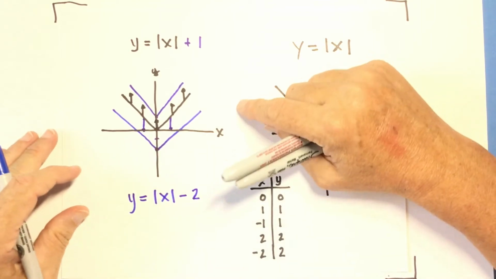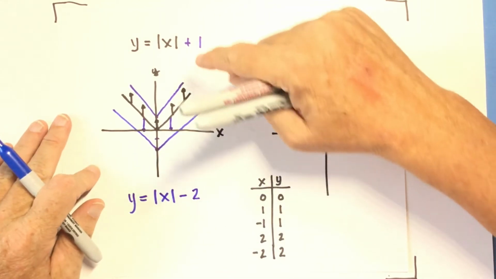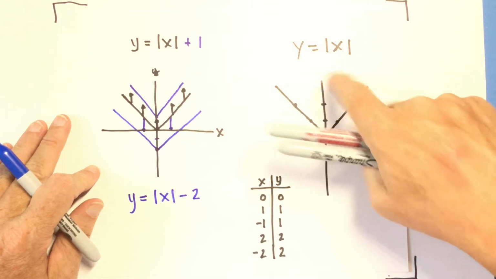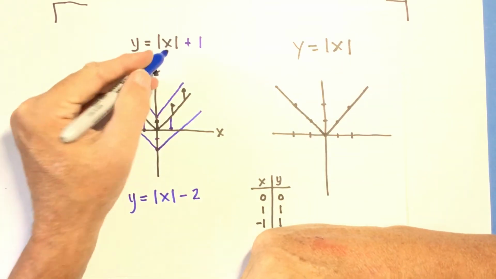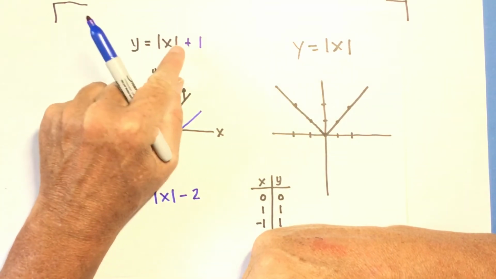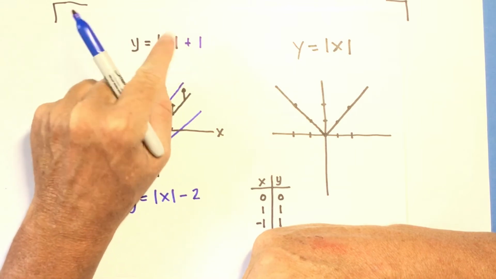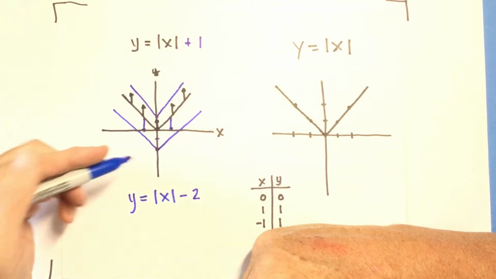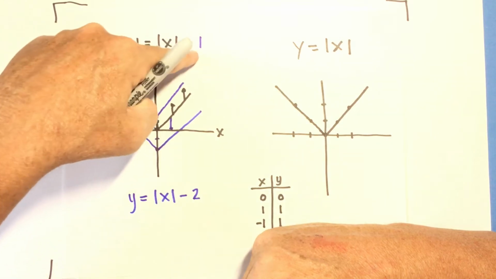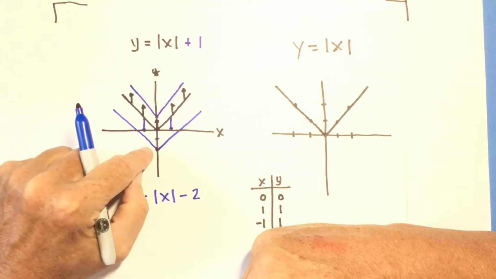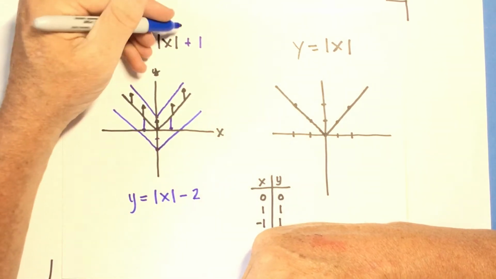And there you go. Now, our general truth here is that if I start with my parent graph and I add or subtract a number outside the absolute value symbol, plus 1 or minus 2, that is going to move it up if this is a positive number and move it down if it's a negative number. That's going to take the entire graph and move it up or down.